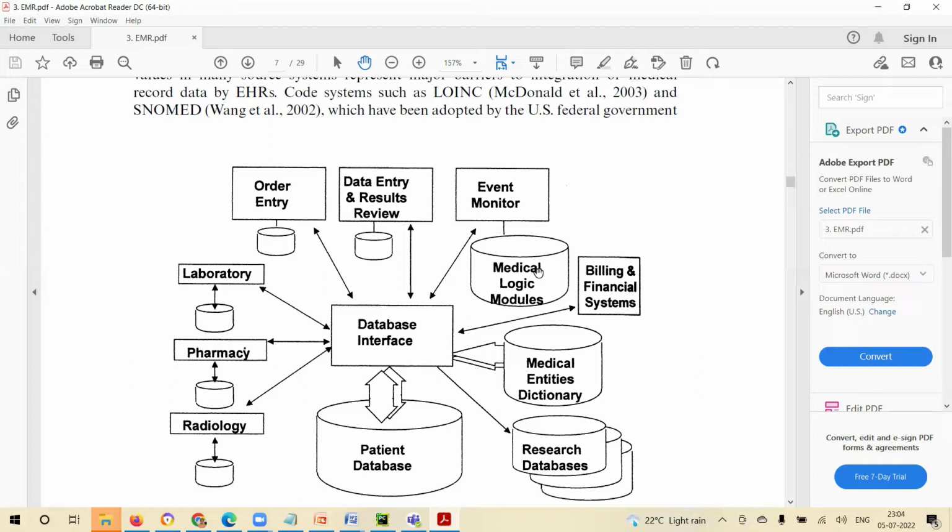Now event monitoring is again the same rule that I told you, right? It's called drug interaction, so drug interaction is one logic. It means let's say you're already taking one particular drug, and now another drug is prescribed. The doctor may not know what drug you're already taking, because you have not told the doctor and the doctor didn't ask.